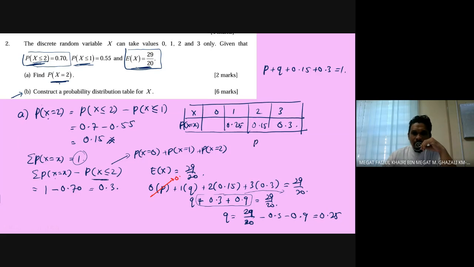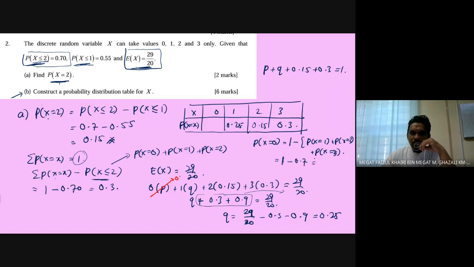Okay. Probability of x equal to 0 is 1 minus the total of probability of x equal to 1 plus probability of x equal to 2 plus probability of x equal to 3. So 0.25 plus 0.15 plus 0.3 is 0.7.